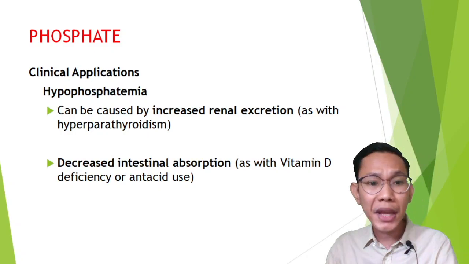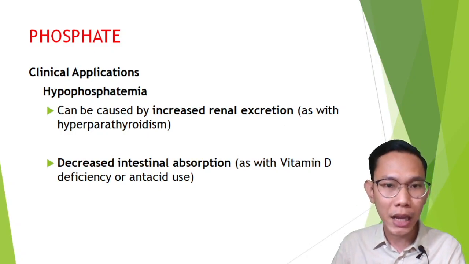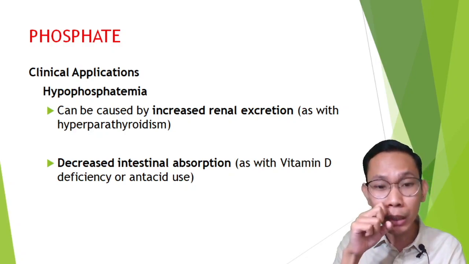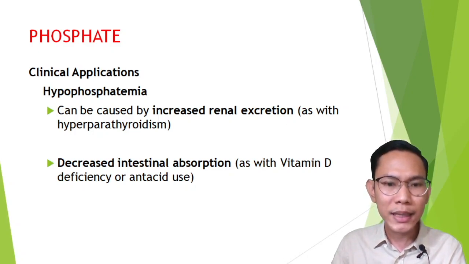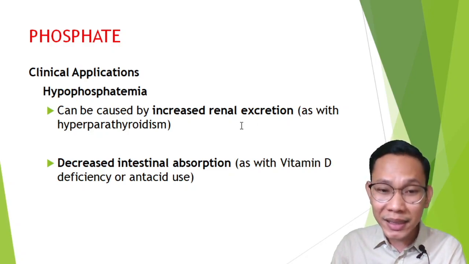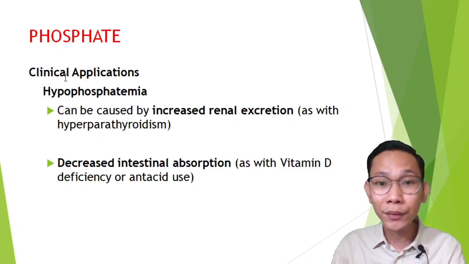So in terms of a clinical application of your phosphate, mayroon tayong tinatawag na hypophosphatemia, when there is a decreased serum level of your phosphate. Hypophosphatemia can be caused by increased renal excretion as well as hyperparathyroidism. Kasi nga, remember, your kidneys can excrete your phosphate, diba? It's one of the regulation mechanisms of your phosphate.